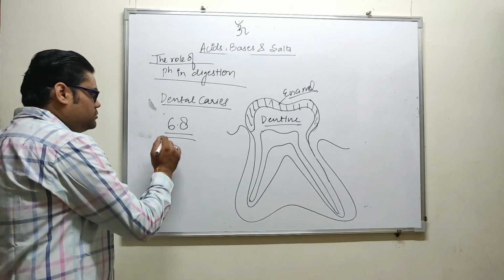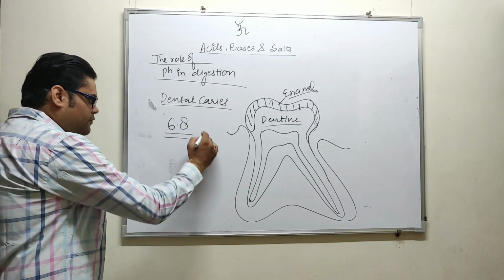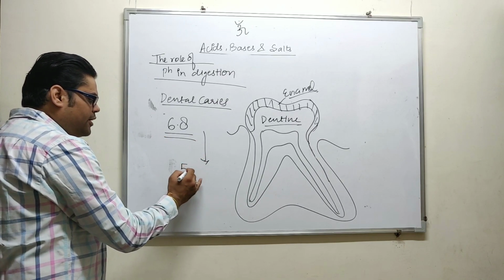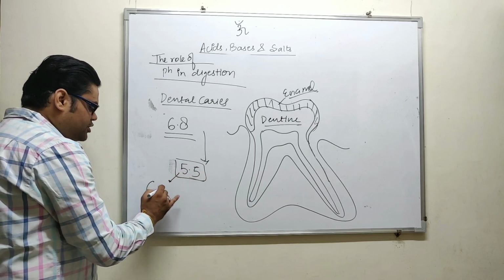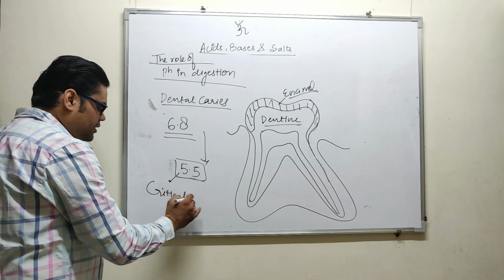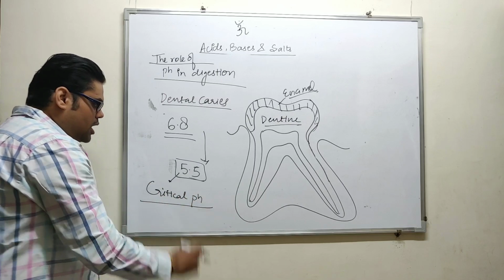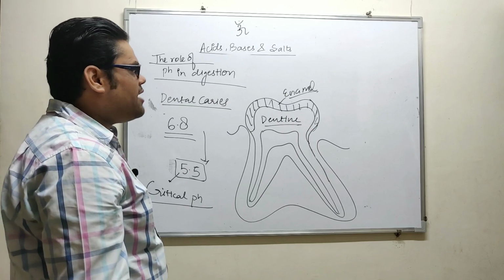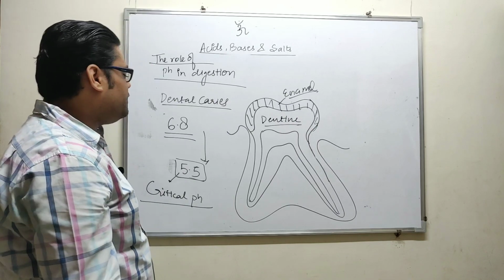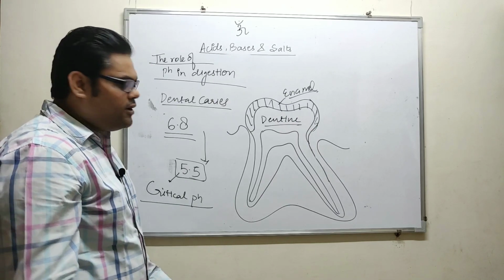Now this pH, if it falls below the level of 5.5, that is the critical pH. And how does the pH fall? Suppose the person is having more sweets, or is eating in between meals.